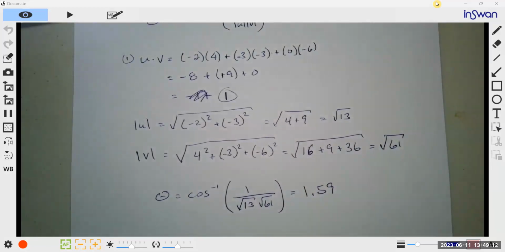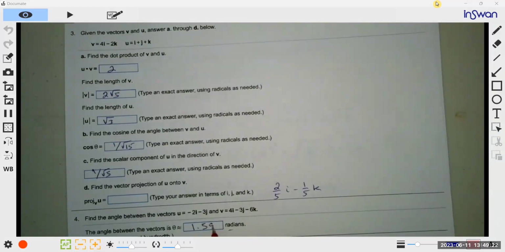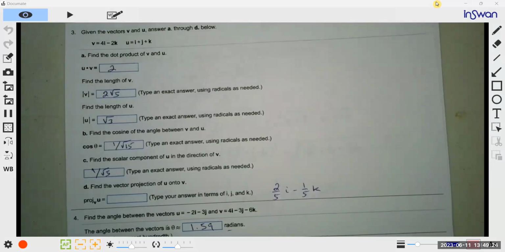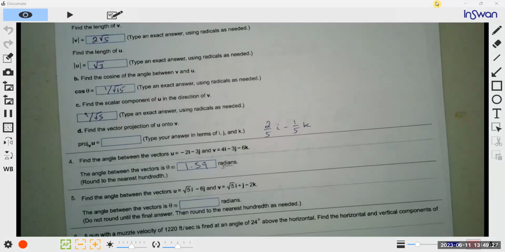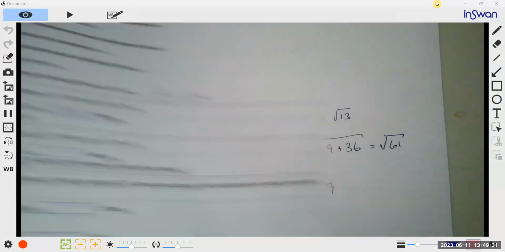In radians, it's 1.59. Do the same thing with the next one.